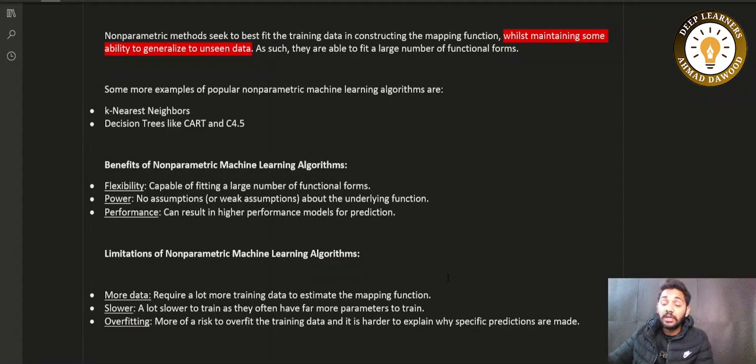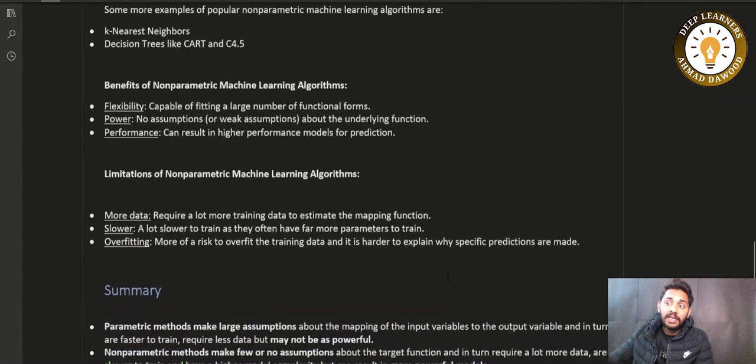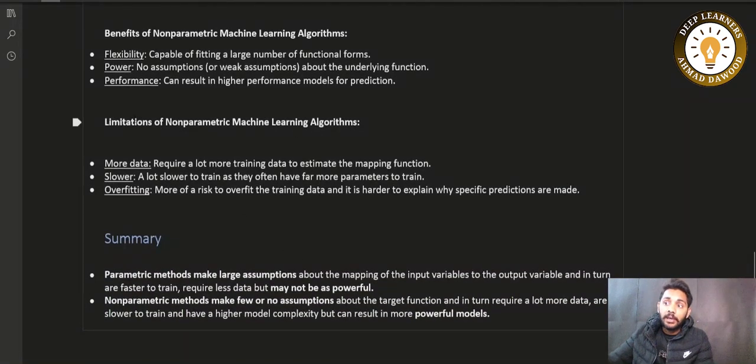So benefits, really they are very powerful and flexible, because you are not making any assumption. You are passing just the data, and the model will learn by itself. So you can see the flexibility of non-parametric models, and also they have high performance. But the very limitation of non-parametric models is that they are very dependent upon the data set.